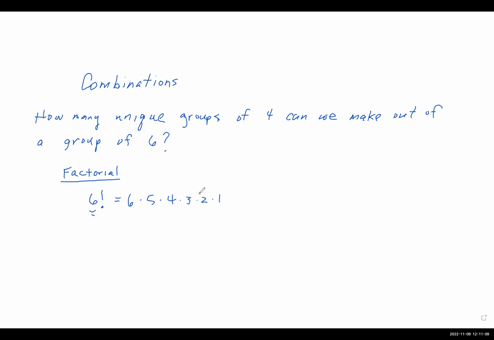So it's just shorthand. So when you see 6 with an exclamation point, it means all this, because we get tired of writing all that pretty quickly. And you can imagine if it was 38 factorial, you wouldn't want to have to write that out, 38 times 37 times 36, all the way down. So it's just shorthand notation. That's all it means. And it appears in this formula multiple times.